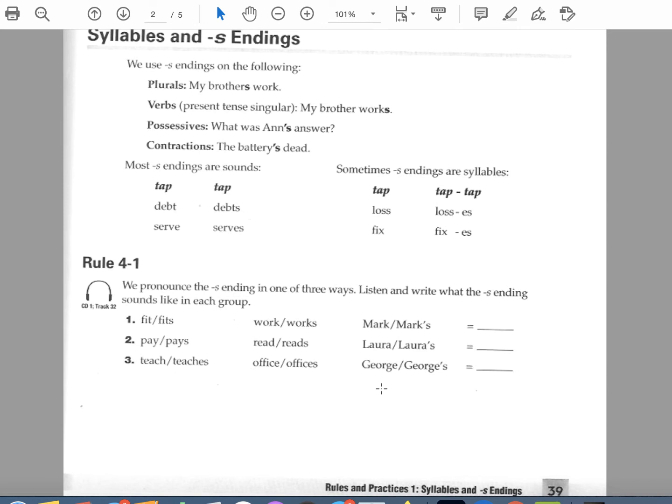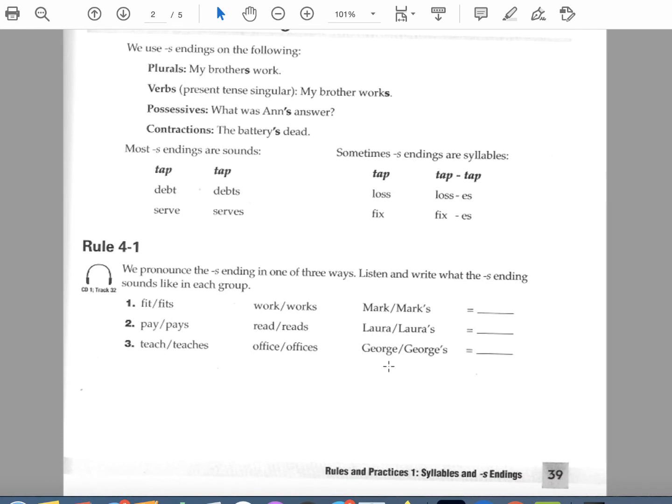And then George, George's. Okay? So, what do you hear in the first one? Well, I heard s. And what did we hear in the second one? Pays, reads, Laura's. That you should have heard a Z, right? So, we hear an S and we hear a Z.